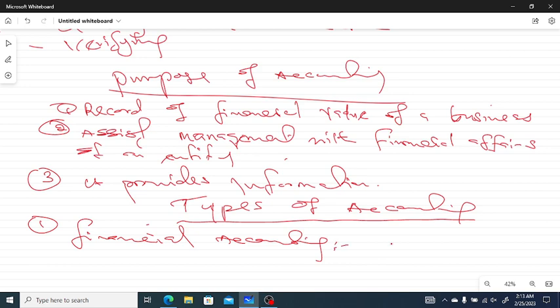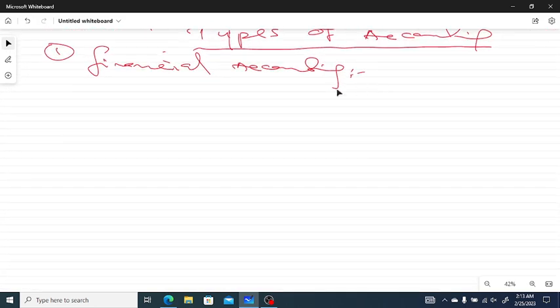This involves the process of recording, classifying, preparation, and interpretation of financial statements, so that both the internal and external users can make informed decisions. With the help of financial accounting, both internal and external users of the financial information can make informed decisions about that business. Without this, they will not be able to make any meaningful decision.